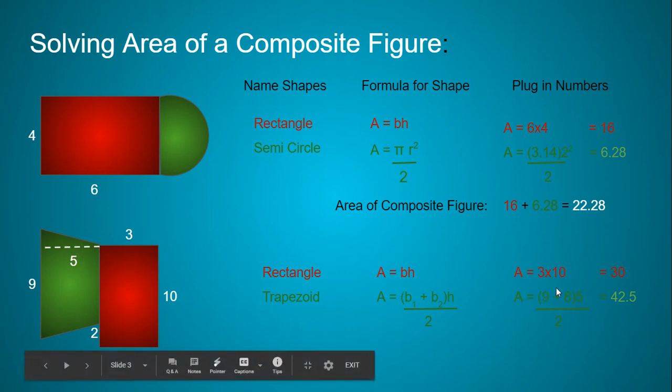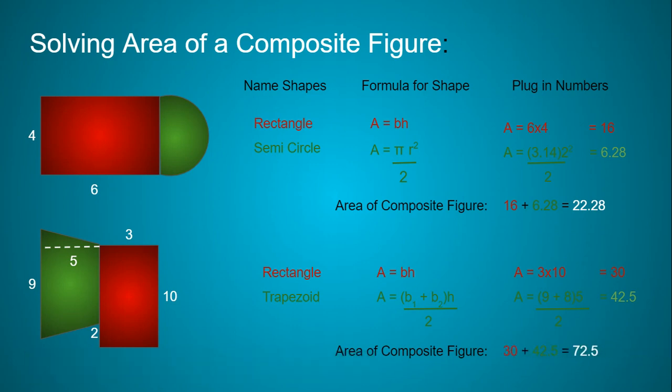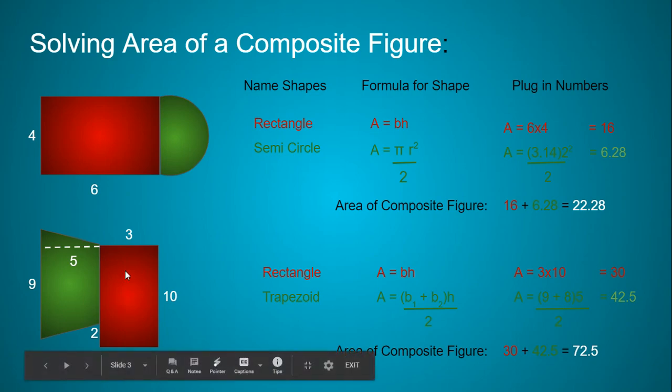When you do all that and divide by 2, you get an answer of 42.5. And so to get the area of the whole figure, both trapezoid and rectangle, you simply add those two together. So 30 plus 42.5 equals 72.5 for the area of this composite figure.